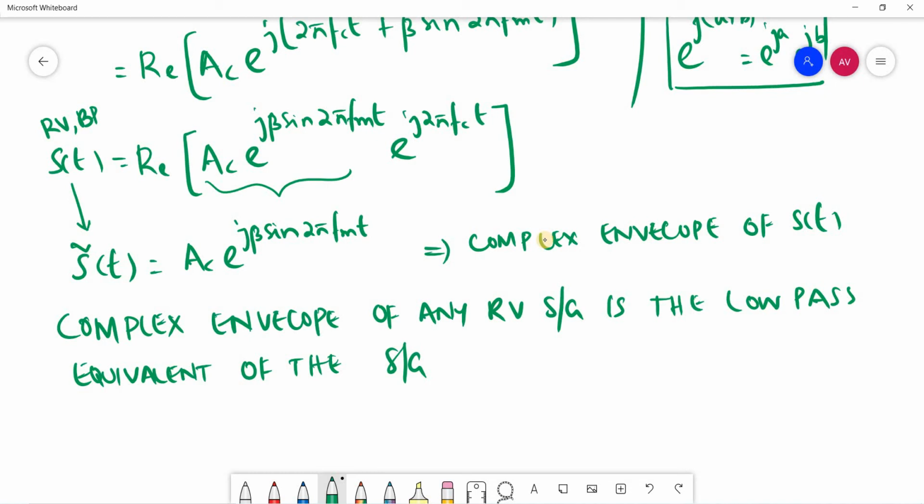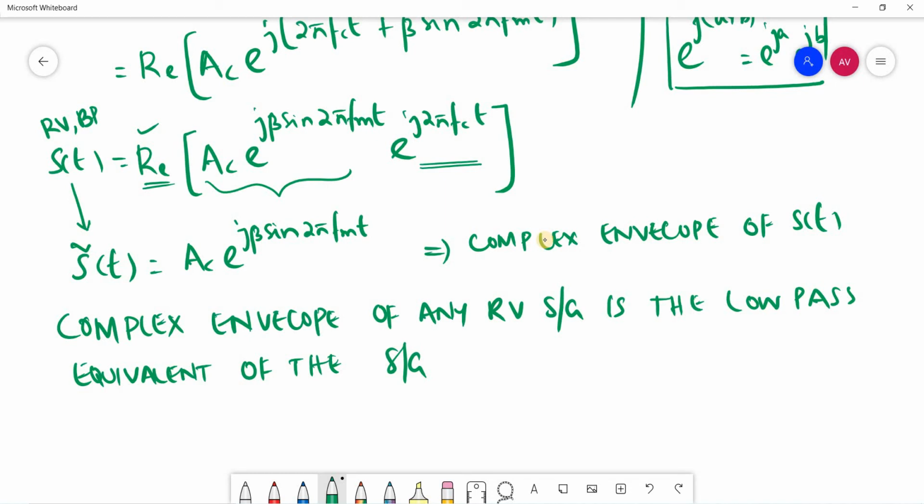I'm not discussing in detail how a complex envelope can be obtained, but to obtain it, if it is cosine or sine, we should write it as either the real part or imaginary part of a complex exponential. Then, if we suppress the e power j omega t or e power j 2 pi fct term, and suppress the real part, whatever is left out will be the complex envelope.